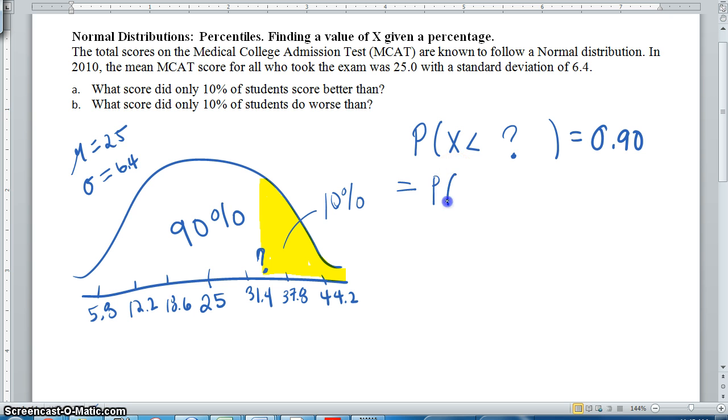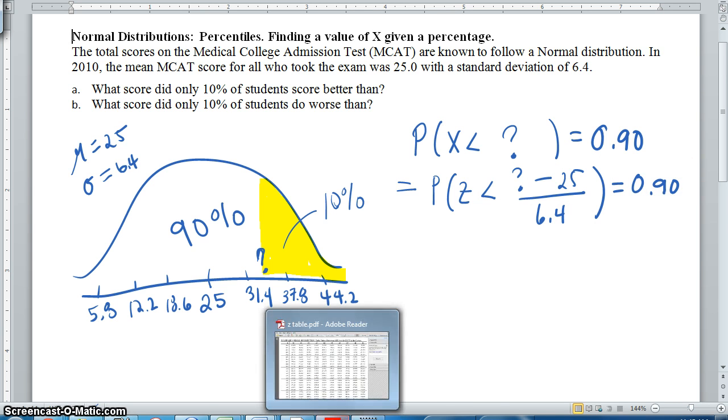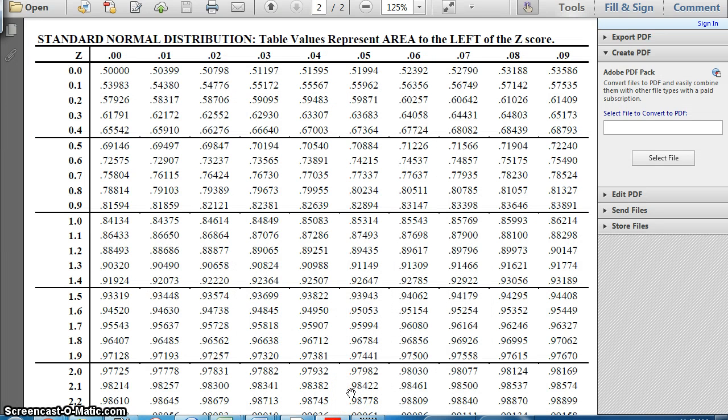Well, we can then calculate this as a z-score. We want the probability that z is less than some mystery number minus our mean of 25, all divided by our standard deviation, is still equal to 0.90. What we have to do is find this z-score that makes this true. So let's go over to our standard normal table, and we want to find the z-score that is associated with 0.90.